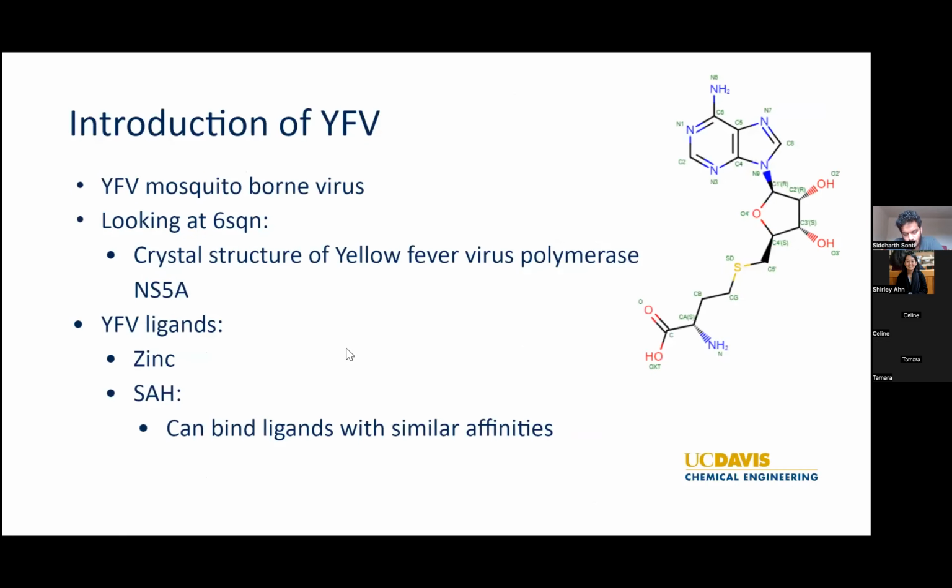To find a similar one that has the yellow fever structure, I was given 6SQN, which is a PDB entry. That one is a crystal structure of the yellow fever virus polymerase of NS5A. What I was trying to do was mostly check on the ligands. I would have to include both ligands since they are both important.